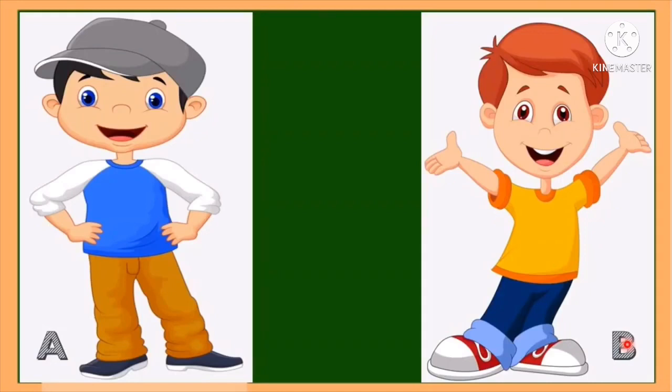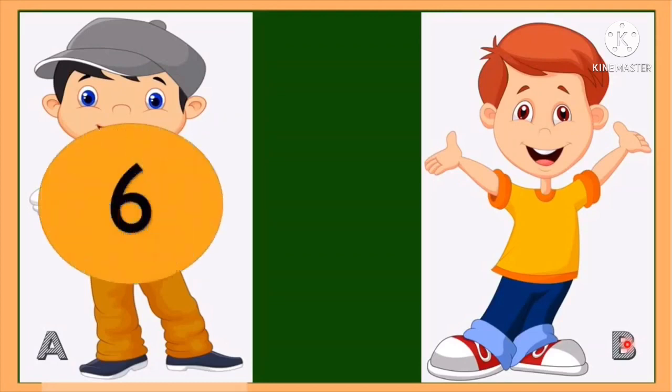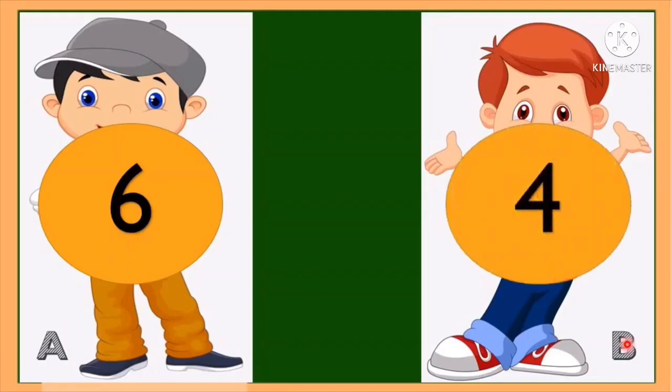We have here two boys, boy A and boy B. So I will give these two boys different numbers. Alright? So for boy A, he has 6 as a number. For boy B is 4.